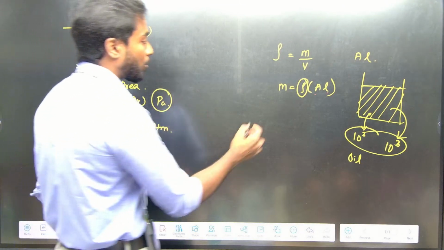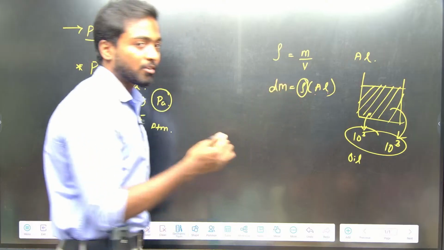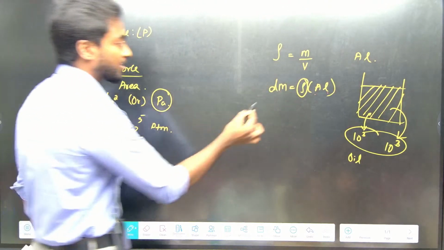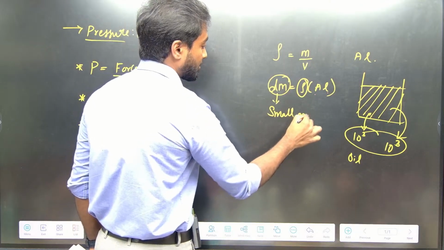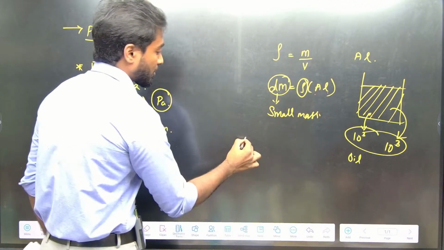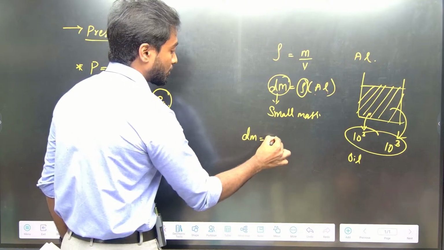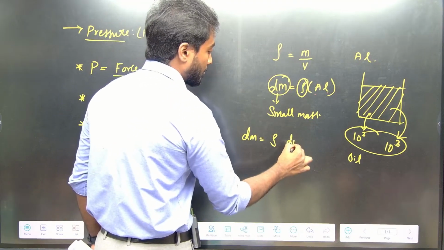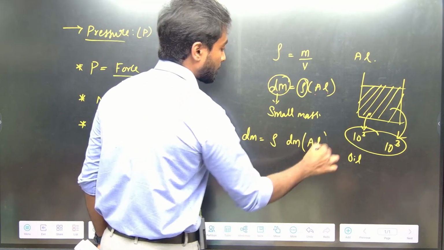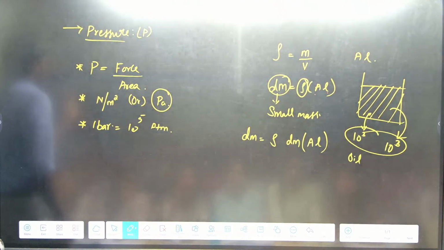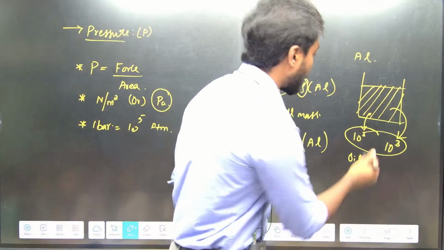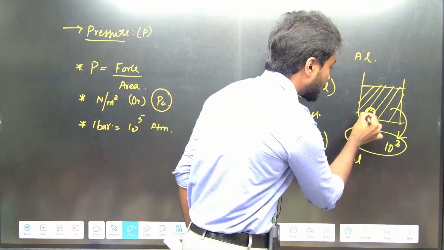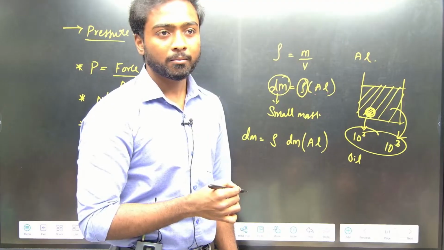Only if we talk about dm, that is small mass. Okay. So can I write dm is equal to rho into dm times A into L? If I talk about small mass, I'll talk about the small volume. If I talk about only this part, this one will have some volume, right? Yes or no?